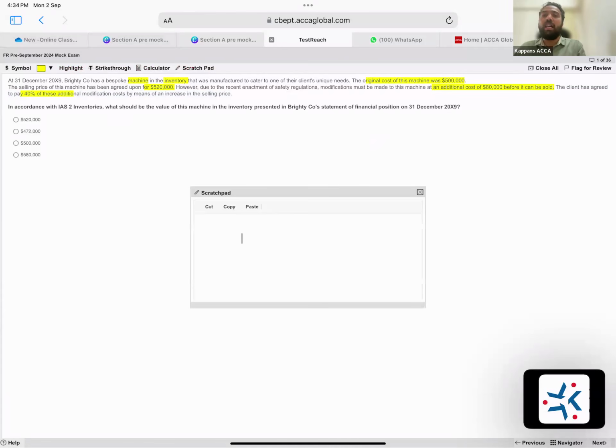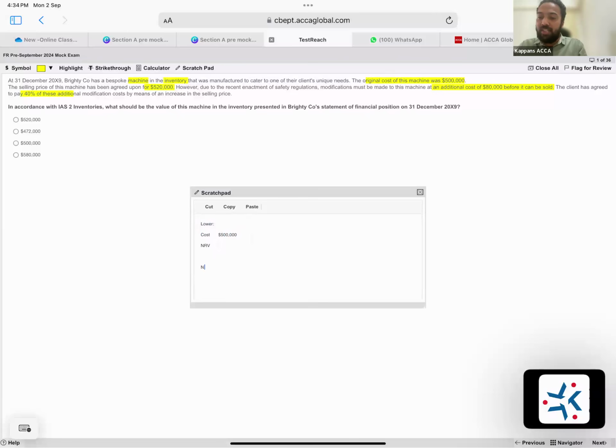So as you know, inventory should be valued at cost or NRV, whichever is lower. So how much is the cost? The cost is very clearly given. The original cost of the machine was $500,000. And what is NRV?